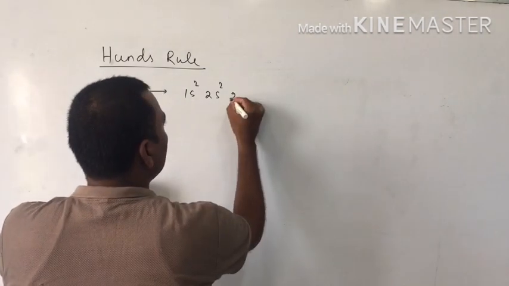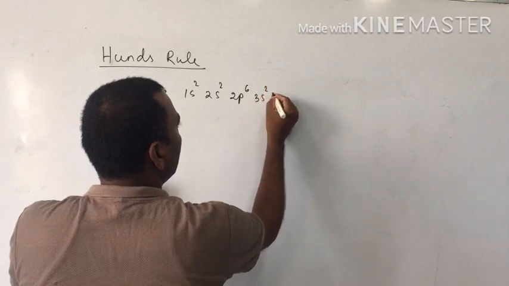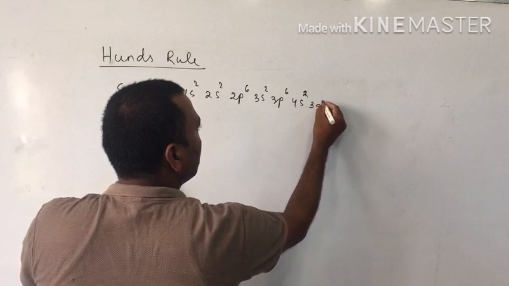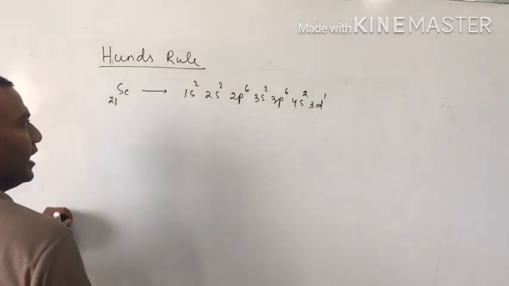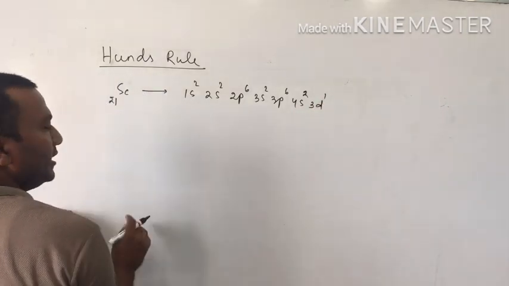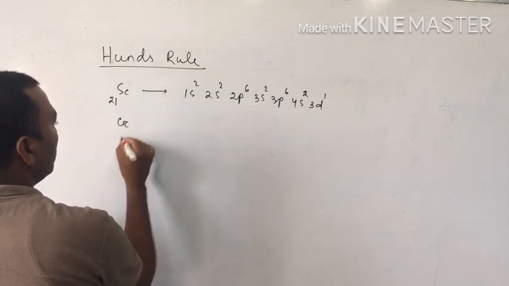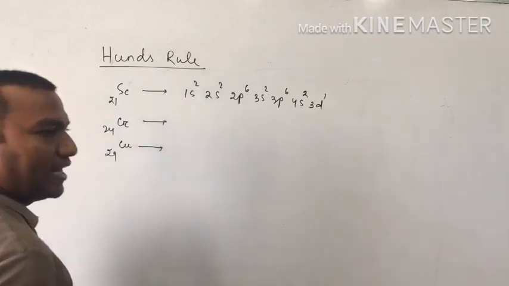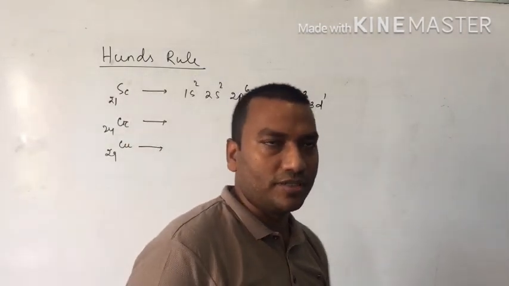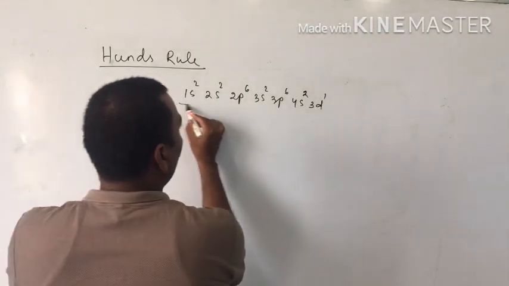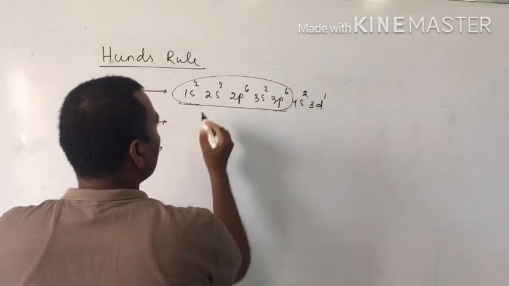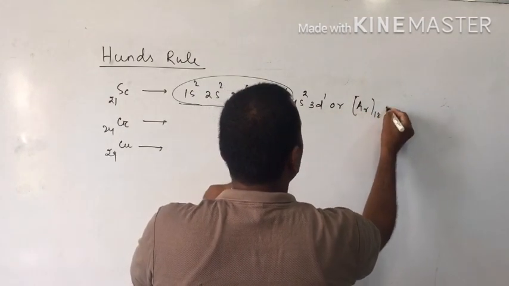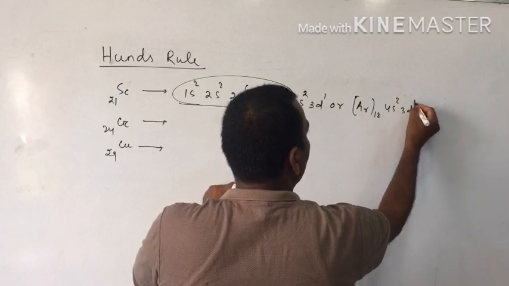So 1s2, 2s2, 2p6, 3s2, 3p6, 4s2, then what? 3d1. Okay, like this. From 20 to 30, there are chromium and copper: chromium 24, copper 29. They have exceptional electronic configurations. Up to this it is argon, so scandium we can also write as argon 18, 4s2, 3d1.